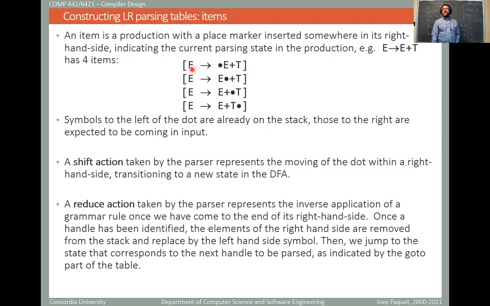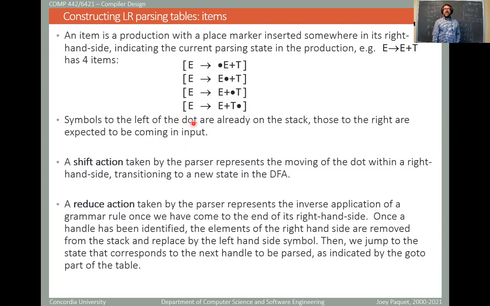If you have the rule E gives E plus T, and you have E gives dot E plus T, that means you are at the beginning of the processing of this handle. However, if you have E gives E plus dot T, that means you already passed the E successfully and already passed the plus successfully. Now you are expecting a T to be successfully identified in the parsing process.